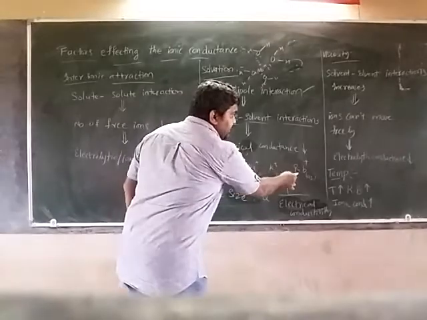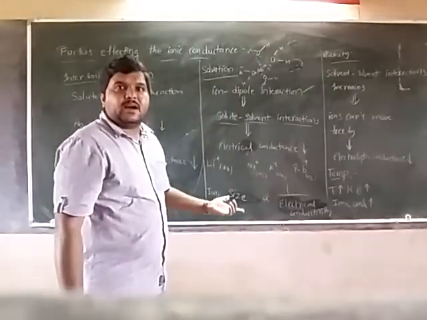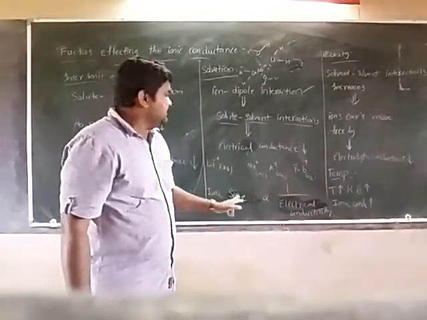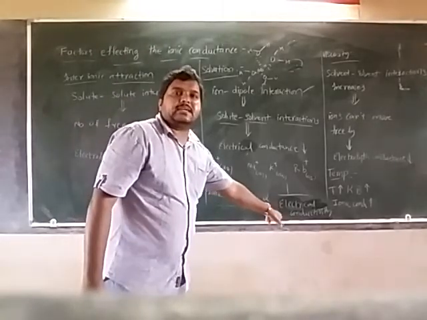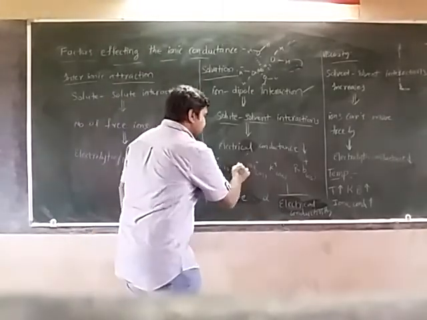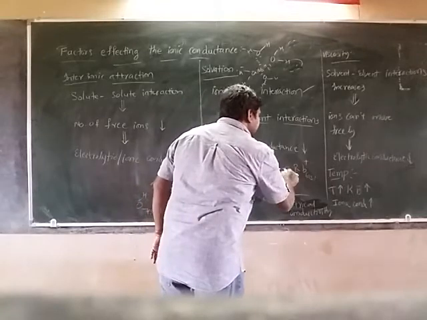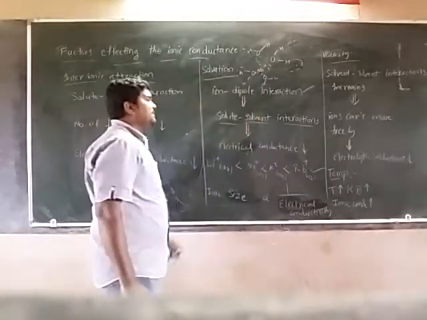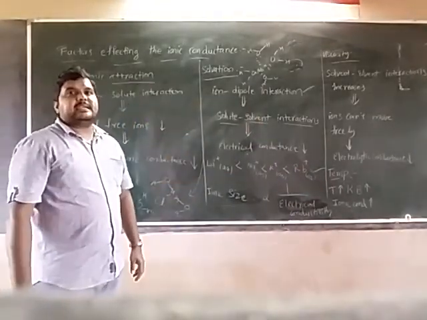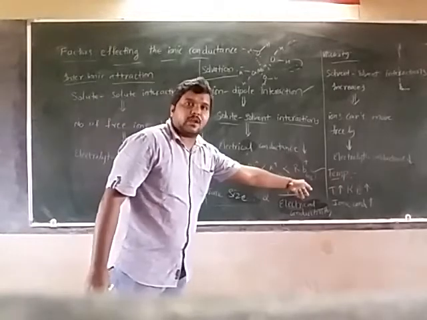The larger ion is less solvated and has more electrical conductivity. So Li plus is less than K plus, and rubidium plus has the highest electrical conductivity because of less solvation.